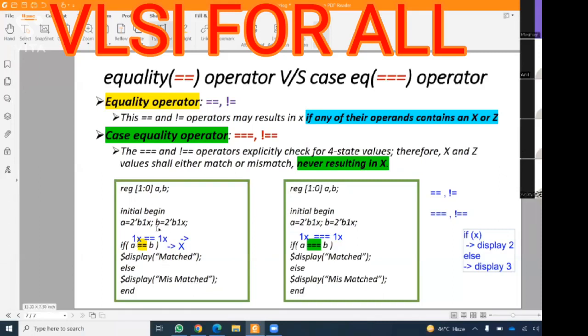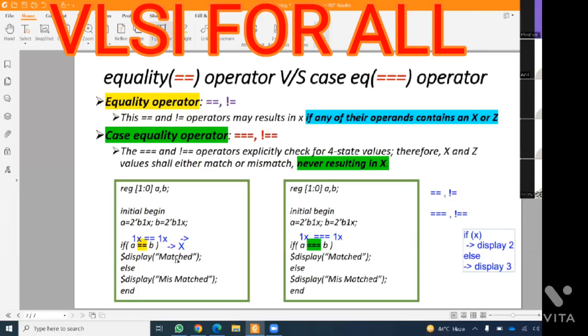When the value is 1X, and I'm using the equality operator, what am I going to get? Matched or mismatched? This condition will return X, so it will not go into match. It goes to mismatch. It's going to display the mismatch.